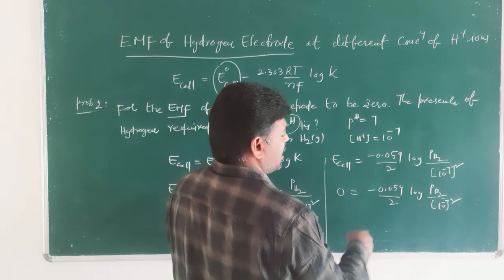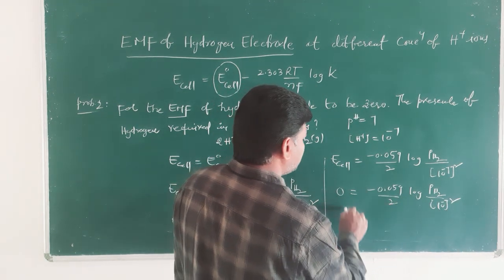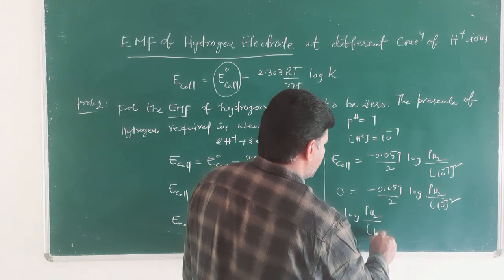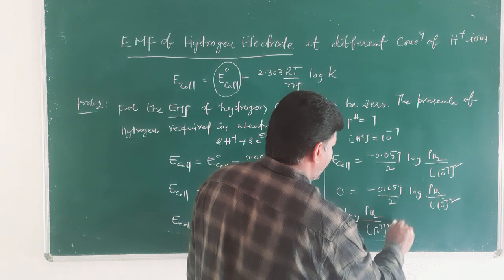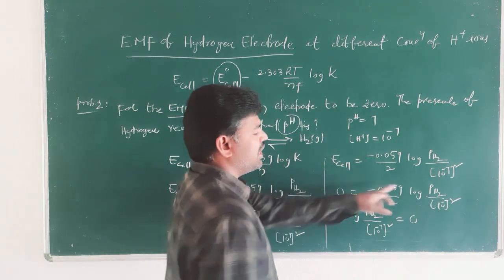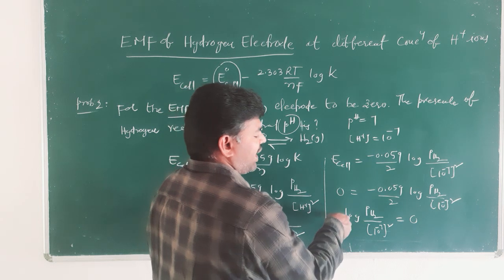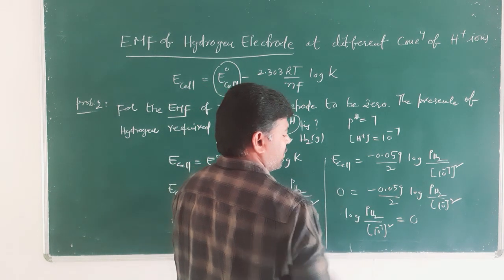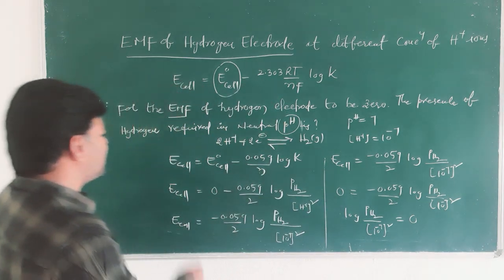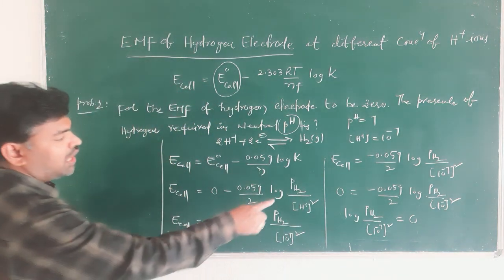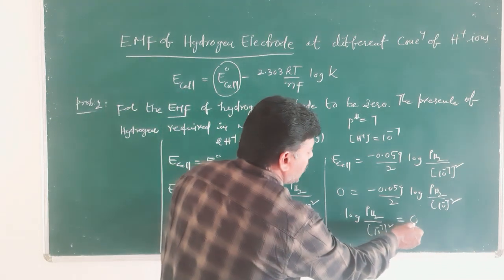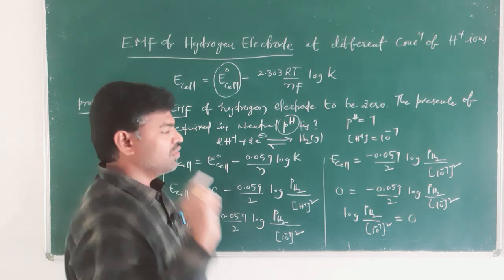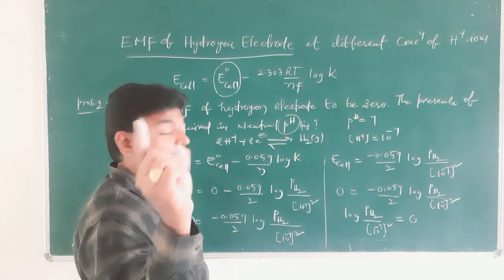From this equation we can write log of partial pressure of H2 by the concentration of 10 power minus 7 squared is equal to 0. By equating to 0, we can write log partial pressure of H2 by 10 power minus 7 squared equal to 0, right. In the next step, we can write that 0 as log 1.